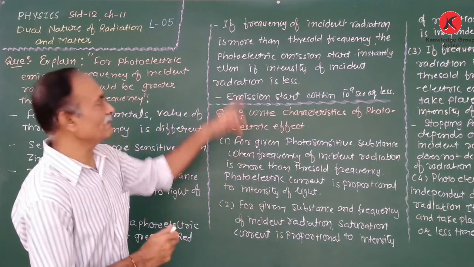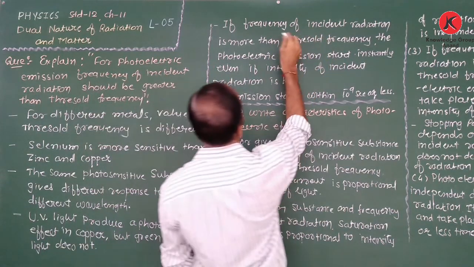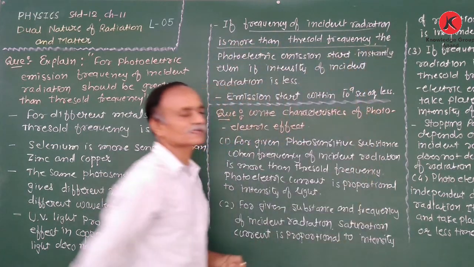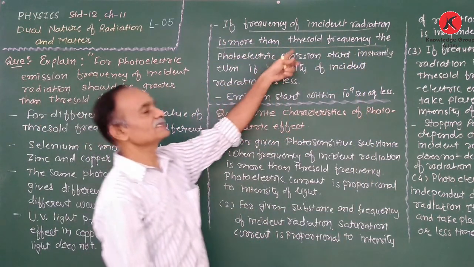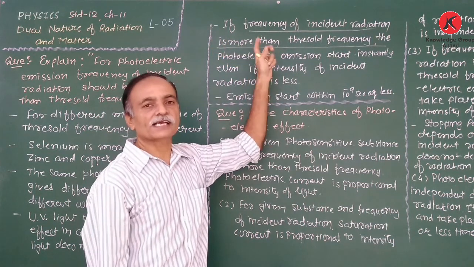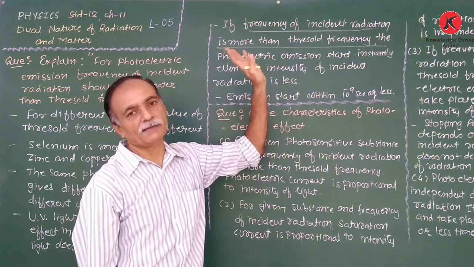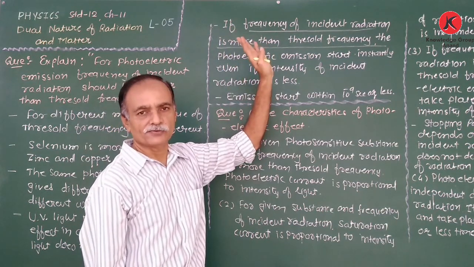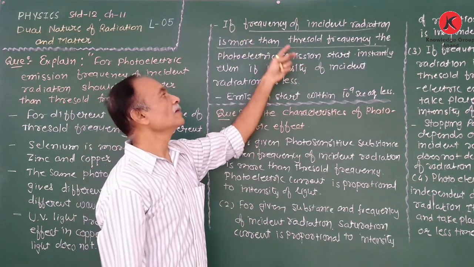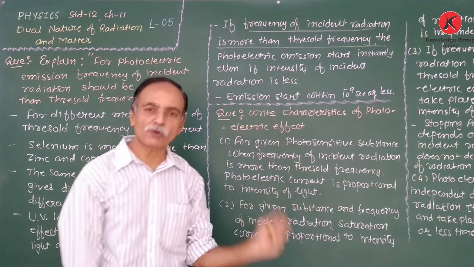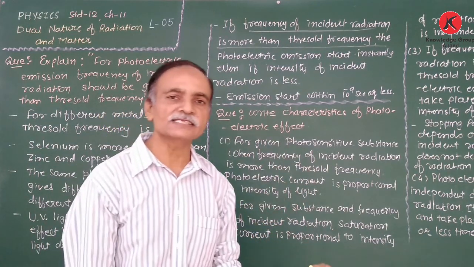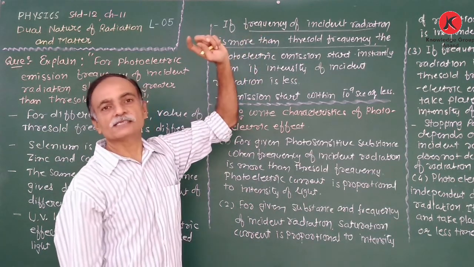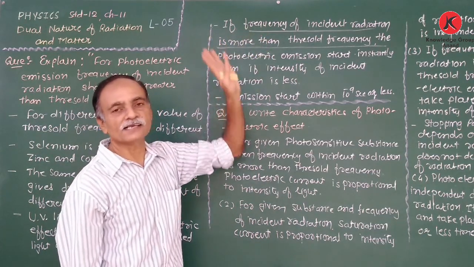For photoelectric emission, the frequency must be greater than the threshold frequency. If the frequency is less than the threshold frequency, it can't produce photoelectric emission, even if the intensity has any higher value.